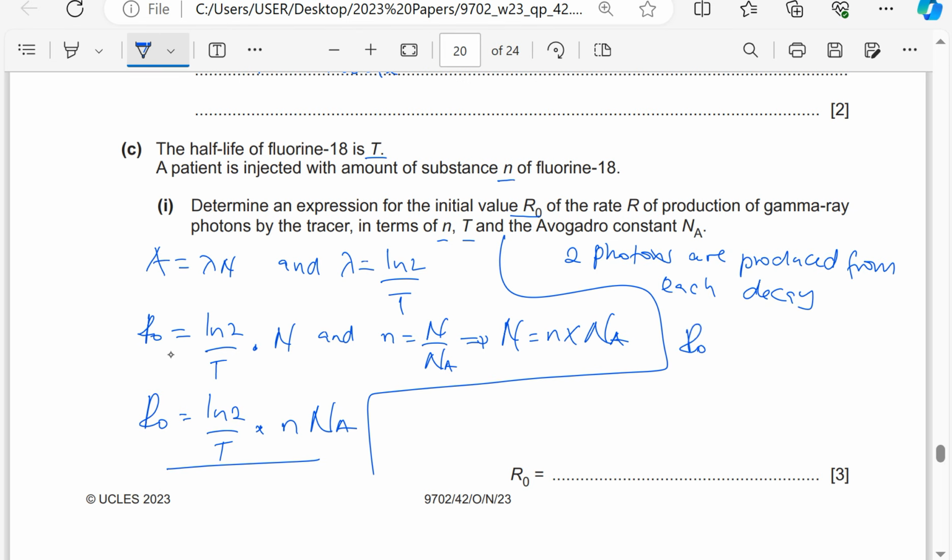So R naught is going to be equal to twice ln 2 times n Na divided by T. Okay, so two photons are produced from each decay, so R naught is going to be twice that. So I just multiply this by 2. So the answer is going to be that.